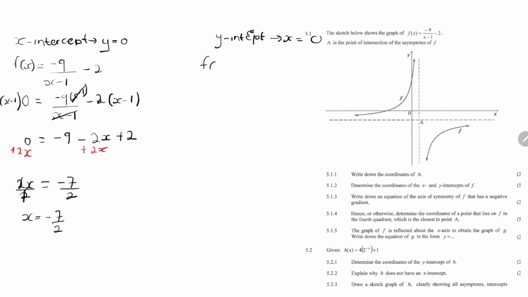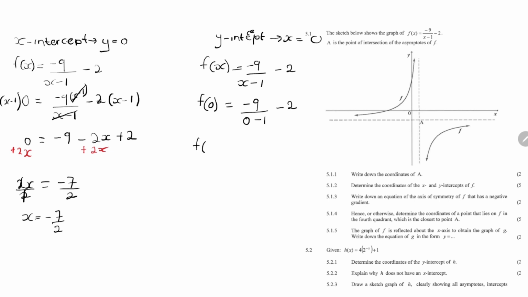So we have f of x equal to -9 over x minus 1, minus 2. So remember, in order to find the y-intercept, we have to make x equal to 0. So here we will have to find the f of 0. So it will be equal to -9 over x we substitute with a 0, minus 1, minus 2.